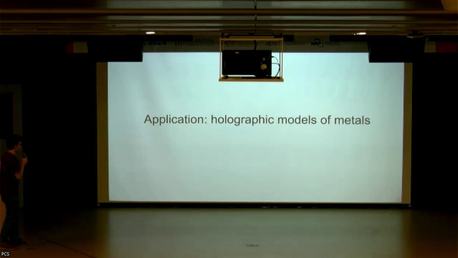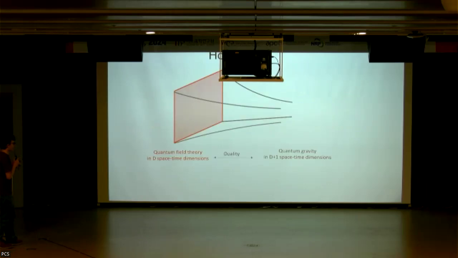In the time that I have left, I don't know how much time I have because there are many questions already, but I just want to mention one application, which is building this into holography. The idea of holography is that if you have a quantum field theory in d space-time dimensions, it might be dual to a quantum gravity theory in d+1 space-time dimensions.